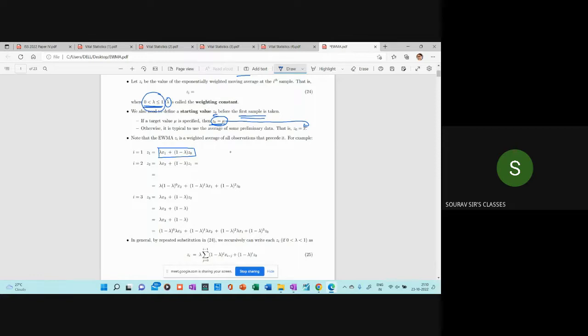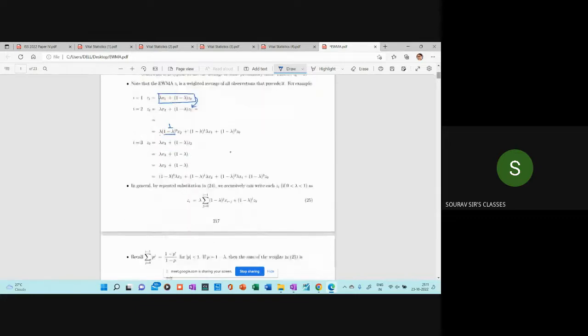Again, z2 is lambda x2 plus (1 minus lambda) z1, and then we put the value of z1 from the previous step, and that gives lambda x2 plus (1 minus lambda) lambda x1 plus (1 minus lambda) square into z naught. In lambda x2, we are deliberately incorporating (1 minus lambda) to the power 0, which is nothing but 1, to keep parity in the writing.